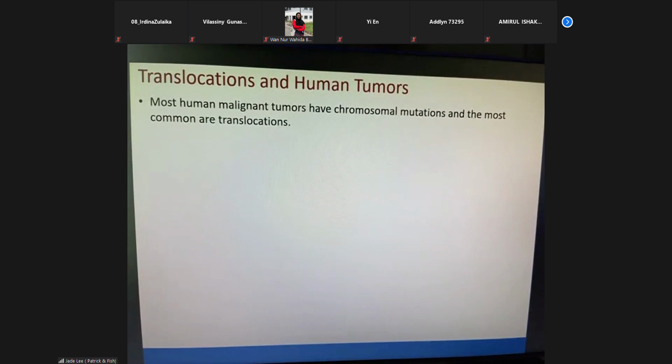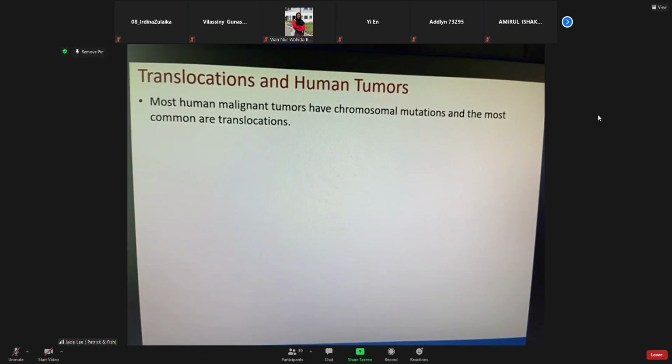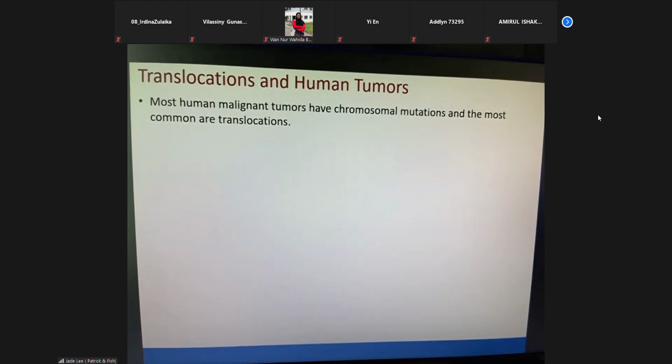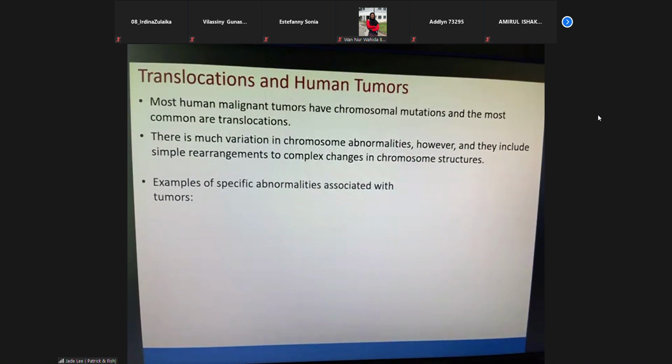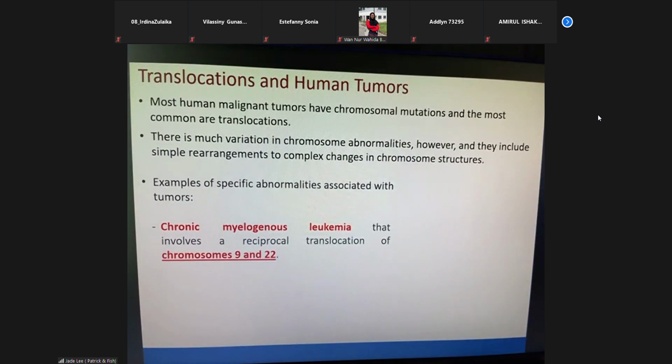Contohnya kalau kita tengok translocation and human tumors, so human malignant tumors have chromosomal mutations, and the most common are translocation. Okay, and much variations in chromosomal abnormalities. However, they include simple rearrangements to complex changes in the chromosomal structure. For example, the chronic myelogenous leukemia that involved in the reciprocal translocations of chromosome 9 and 22.